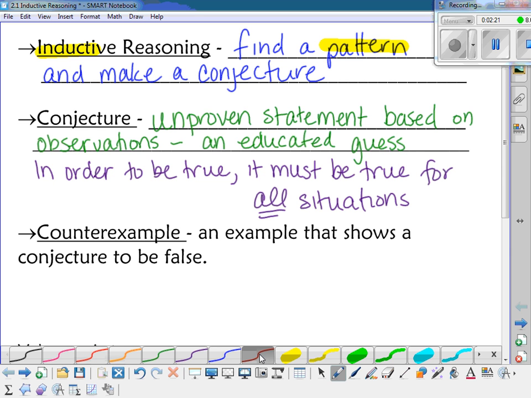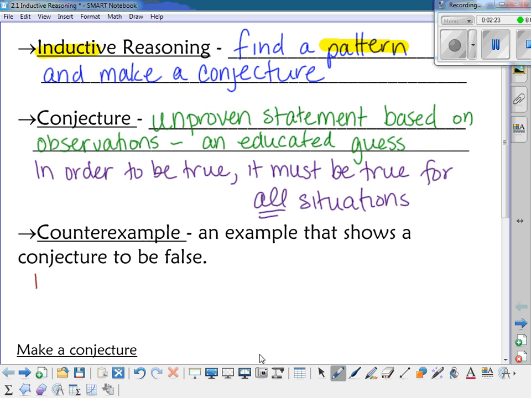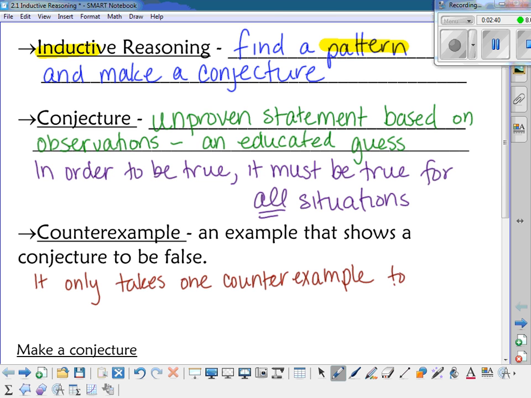So it only takes one counterexample to prove that a conjecture is false.